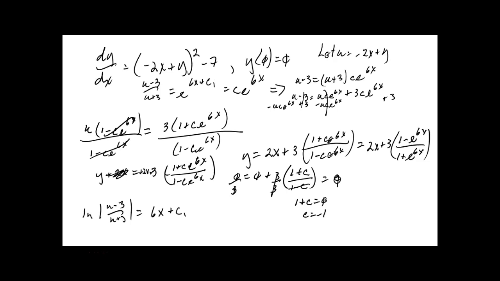When x gets very, very large, this is approaching 2x with one offset plus 3, and the other is 2x minus 3. So the asymptote here is a line with slope 2 and y-intercept minus 3, and up here is slope 2 with y-intercept plus 3.